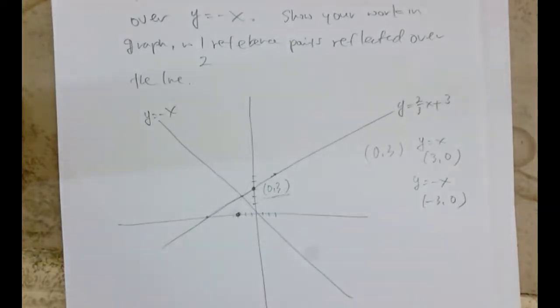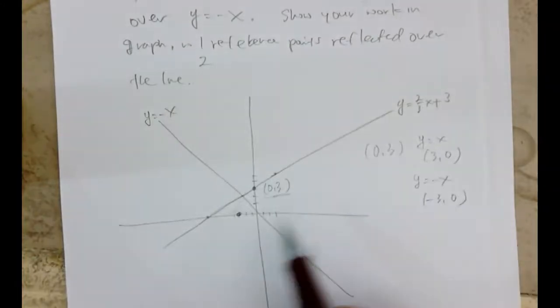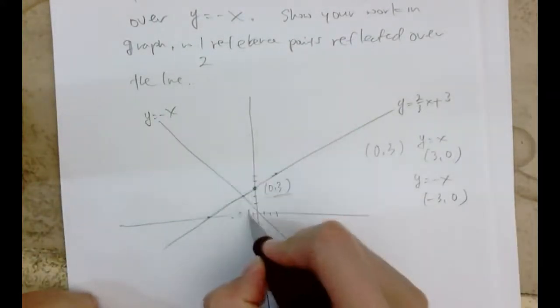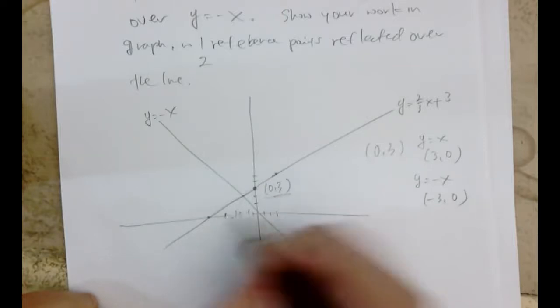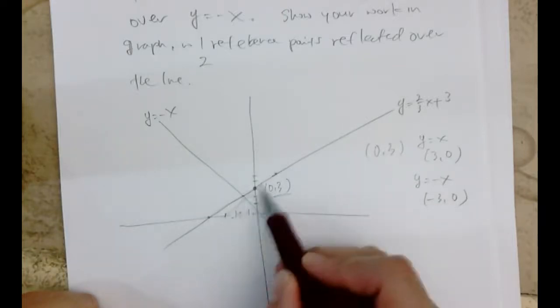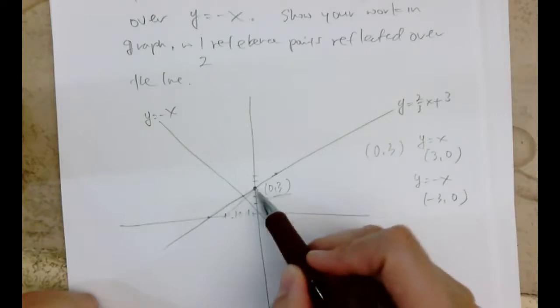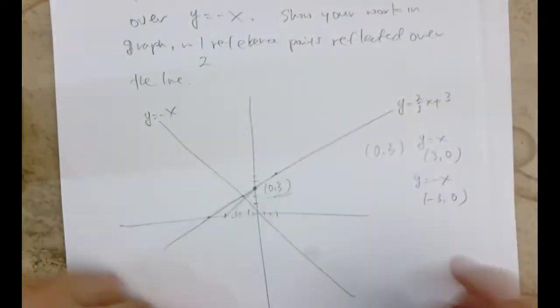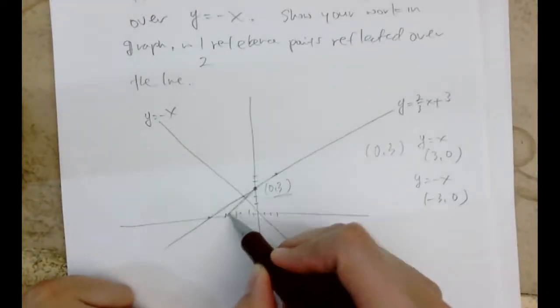So this is the point. I didn't do the equal distance. Minus 3 is more like 1, 2, 3, like that. Between these 2 points, I didn't really draw it right, but you get the idea. This and this should be the same.